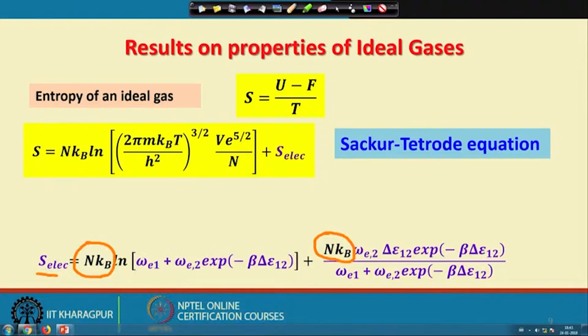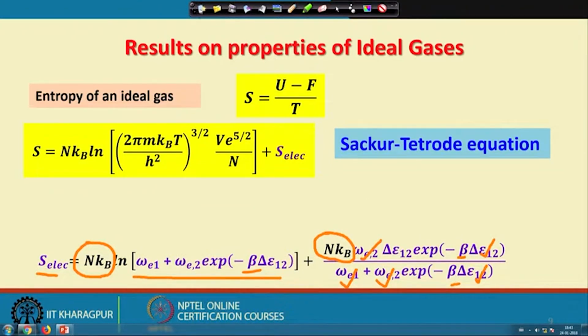Then I have two terms, all of which depend on parameters associated with the electronic structure of the atom present in the system, and of course its temperature dependence comes through the appearance of beta.